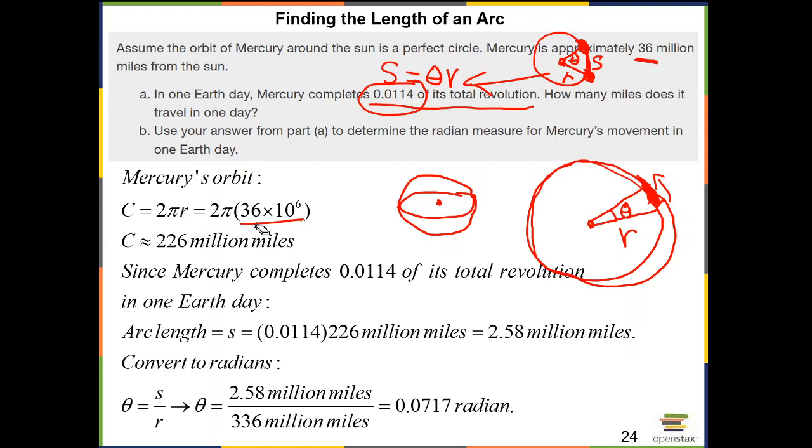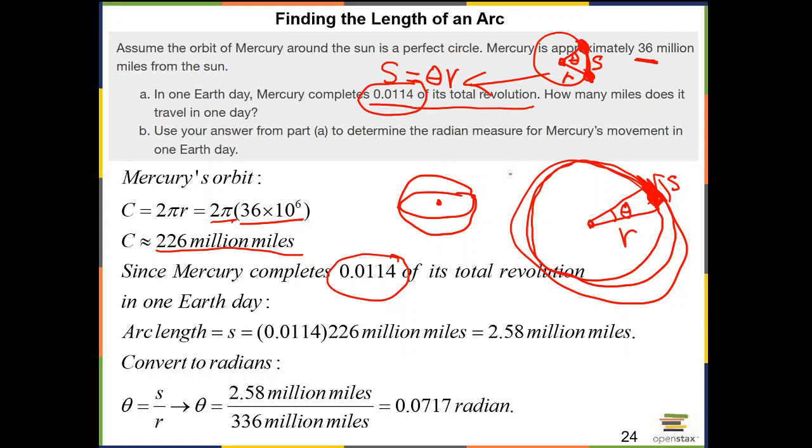So 36 million times 2 pi radius, that's the circumference of the whole thing. So C is approximately that many million miles. So Mercury completes this much of the whole thing. What is the S for this much of the path?